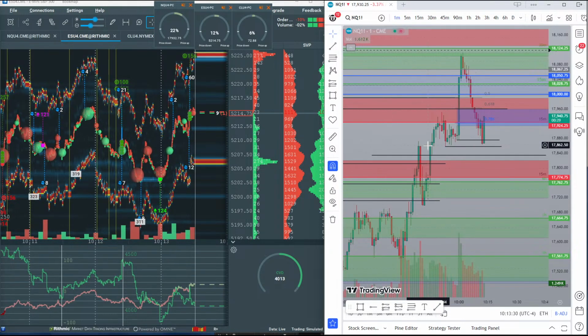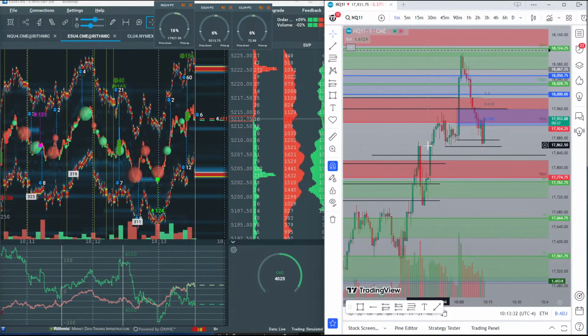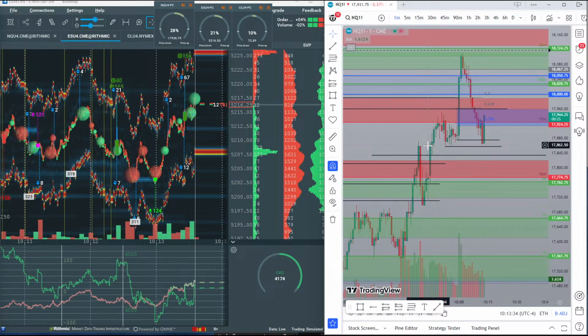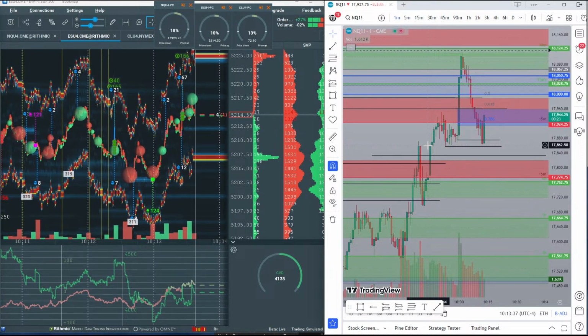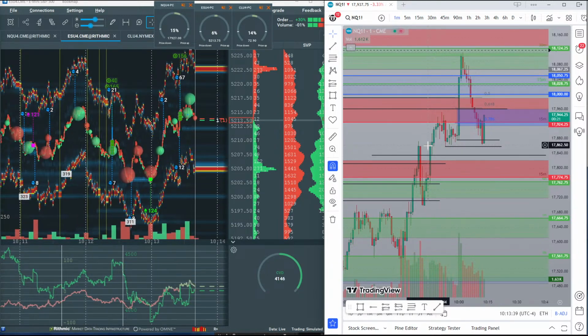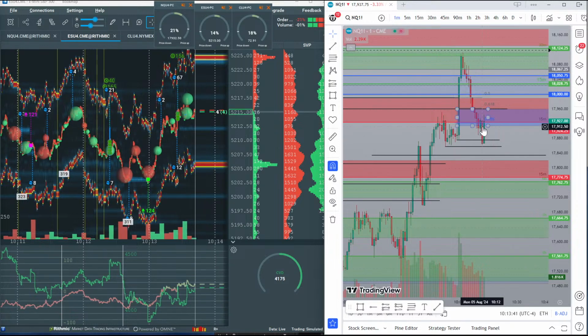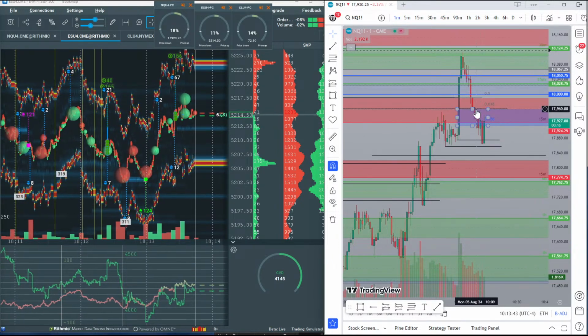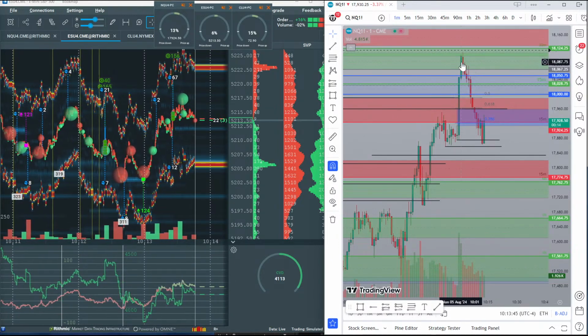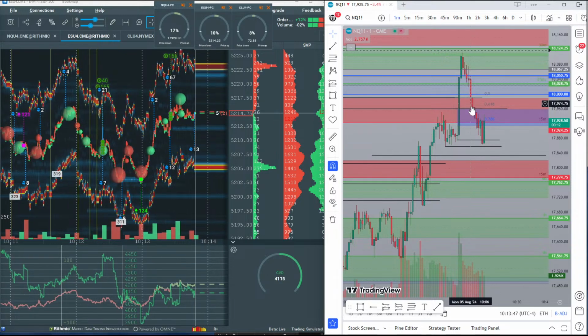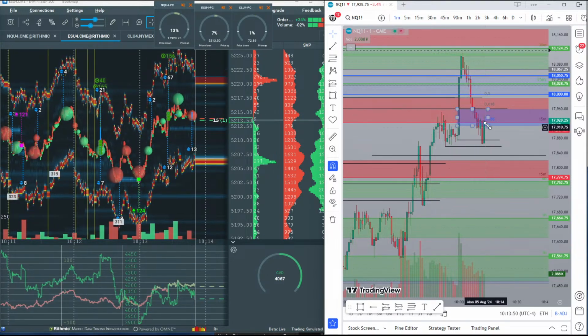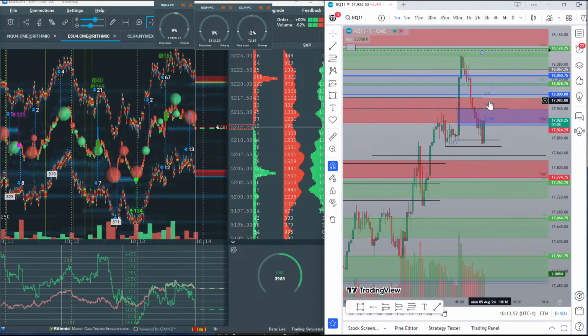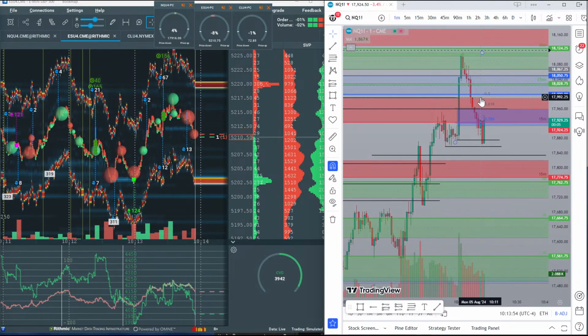Man, I was scrolling on Instagram the other day. There's this YouTuber who calls himself the best inverse fair value gap trader. And he goes, yo, I found a new strategy. It's when you let the inverse fair value gap, which first off, an inversion fair value gap is already a broken fair value gap. It's like, I'm looking for us to break the fair value gap and then inverse the inversion fair value gap. I'm just like, what?